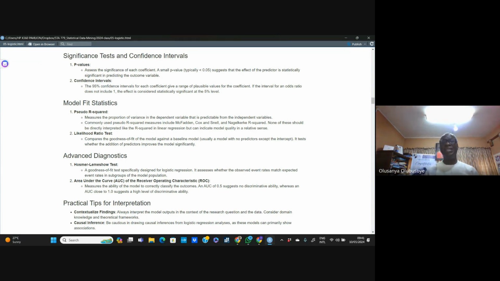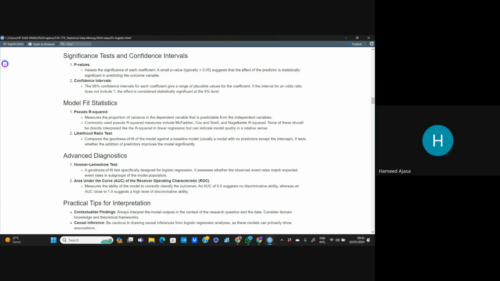Don't say it is the percent of the total variation in the dependent variable as a result of the independent variables in the model.